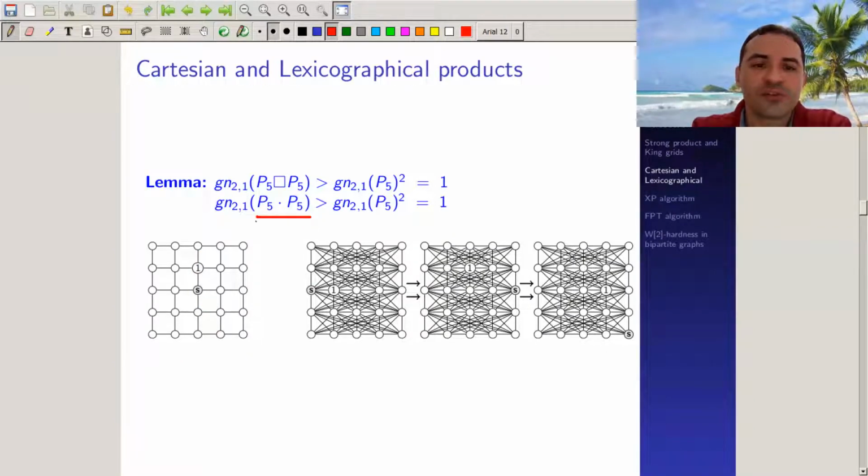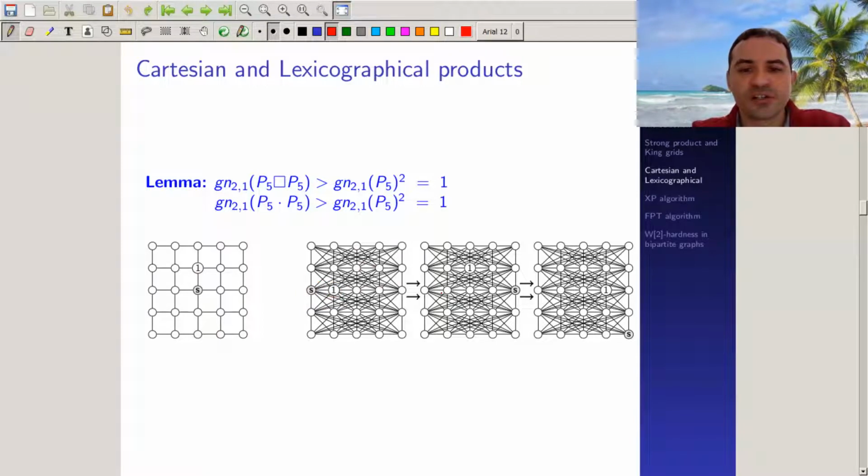In the lexicographical product, we also need at least 2 vertices, since, for example, if the spy is here, this guard is surveilling the spy. If the guard goes to this point, the guard cannot go in the same line to surveil the spy.